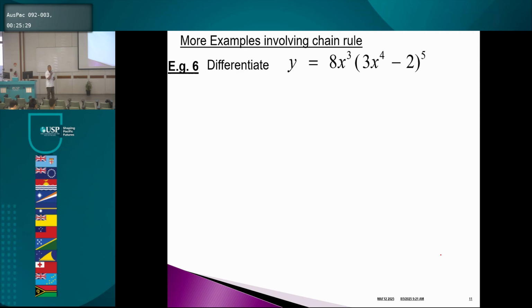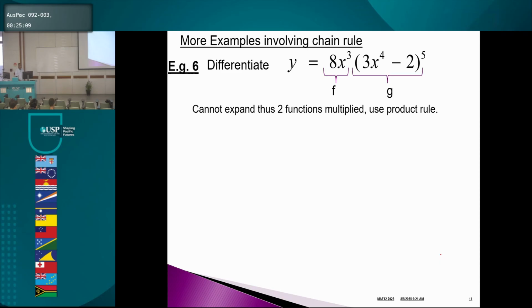This looks like two functions multiplied together. So if we have two functions multiplied together, what technique of differentiation do we use? That's one function. That's the other. So if that's the case, then I will have to use the product rule.